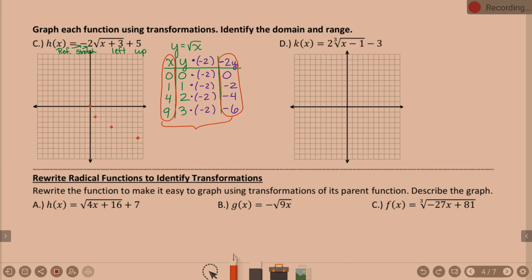Now, am I totally done though? No. What have I not done yet? Domain and range. Oh, before domain and range, we have to take these points we just made and move them left 3, up 5.